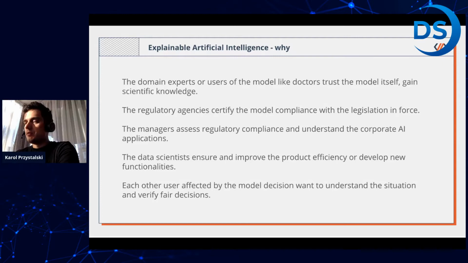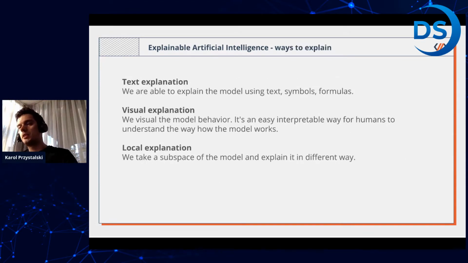What else? Obviously the regulators that I mentioned, managers, data scientists who need to understand how it works in the back, and obviously the patients at the end, who are affected by this case. And there are at least a few ways to explain it. Obviously with some equations, tags, symbols, formulas. The best possible way is obviously using some visual explanation, because that's easy for humans to understand.